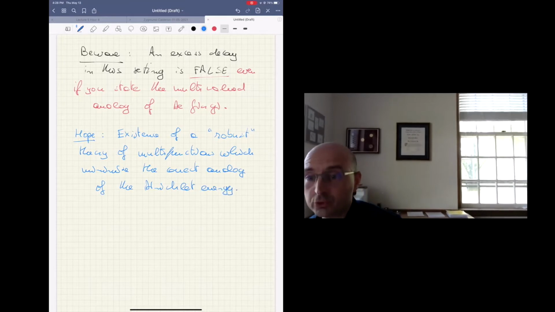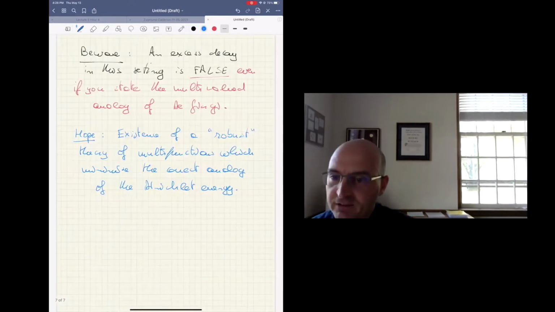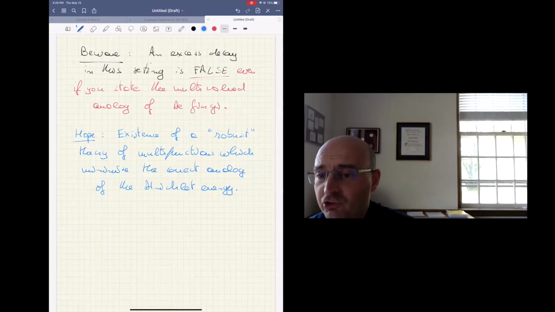In order to do this, you would have to define a Sobolev space of functions, in W^{1,2}, which takes more than one value, these Q fixed values that you started with. You want to define the correct Dirichlet energy, and beware, you are not allowed to take any abstract definition of Dirichlet energy. You have to take the Dirichlet energy which comes from the linearization of the area functional.